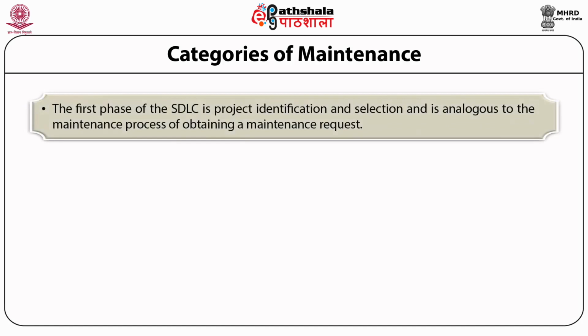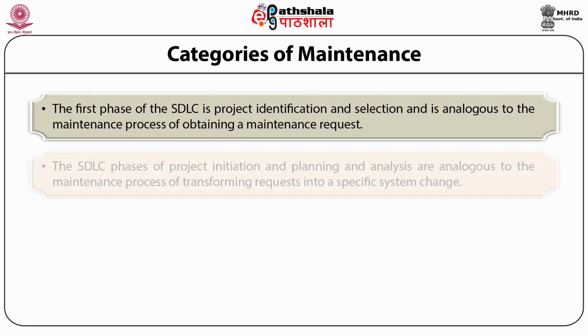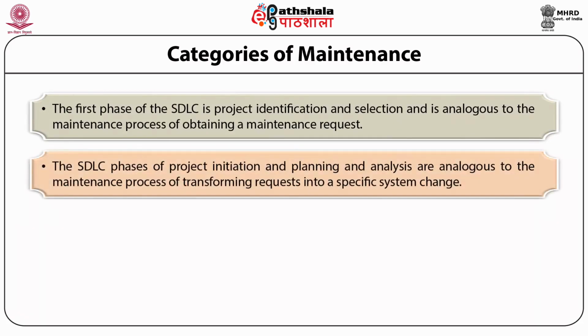The very first phase of the STLC is product identification and selection and is analogous to the maintenance process of obtaining a maintenance request. The project initiation and the planning and analysis stage is analogous to the maintenance process of transforming the request to a specific system change.